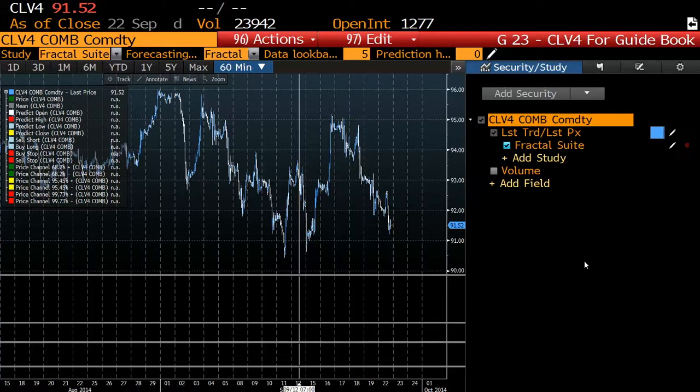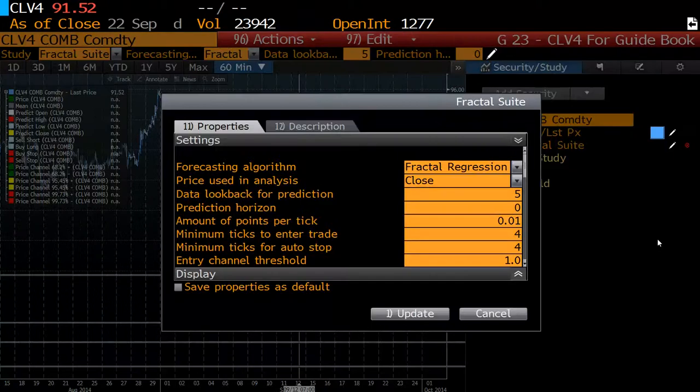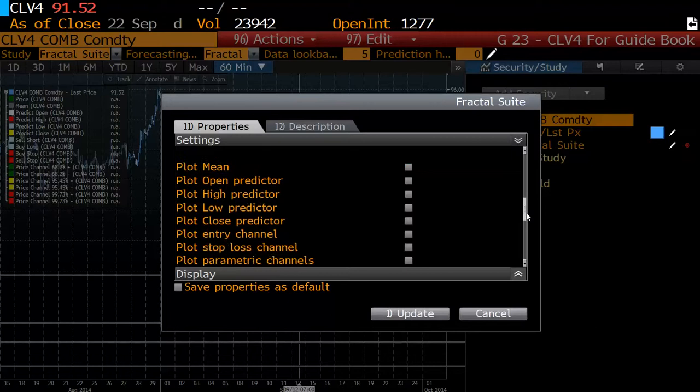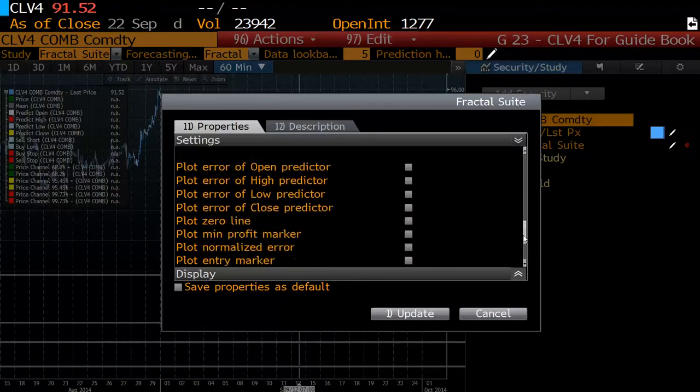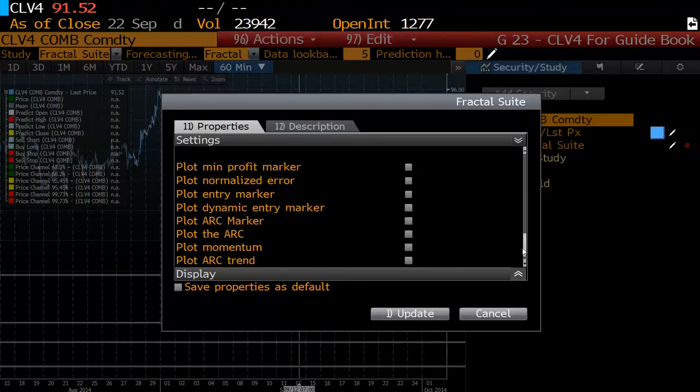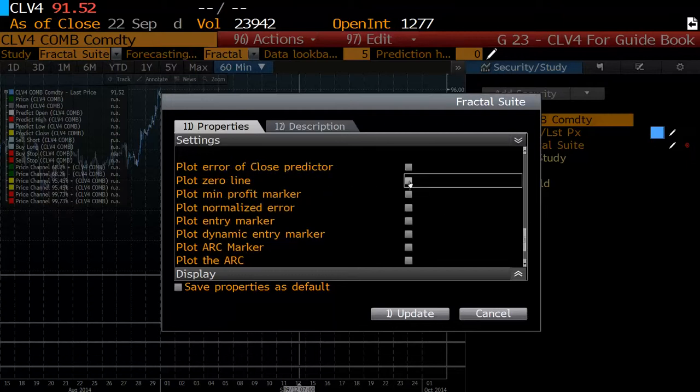So first let's go back to our settings drop down menu here and scroll down to, well, first let's set 0. The 0 line is universal across the oscillators and indicators in the Fractal Suite template.